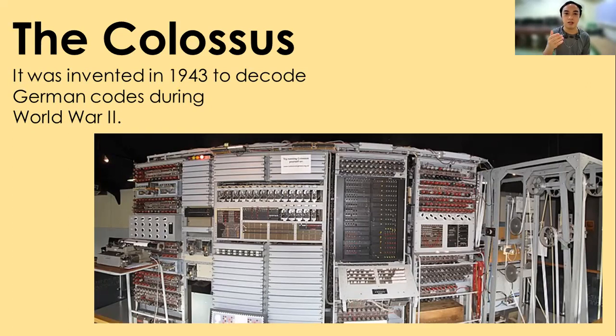So the opponents of the Germans wanted to understand the code. In order for them to understand the code, we have the Colossus to decode the German codes during World War II.